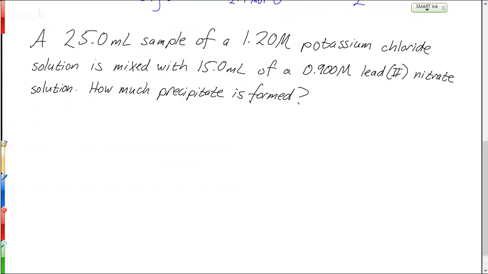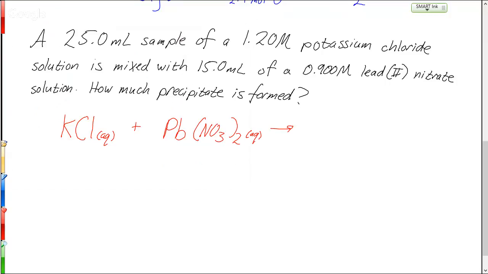What's the reaction here? What's one of the reactants? KCl, potassium chloride, and it's a solution, so that's going to be aqueous KCl. What's the other reactant? Yeah, lead nitrate, which is going to be Pb(NO3)2.